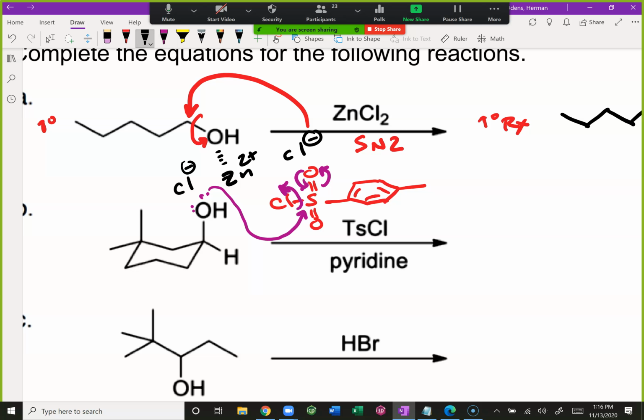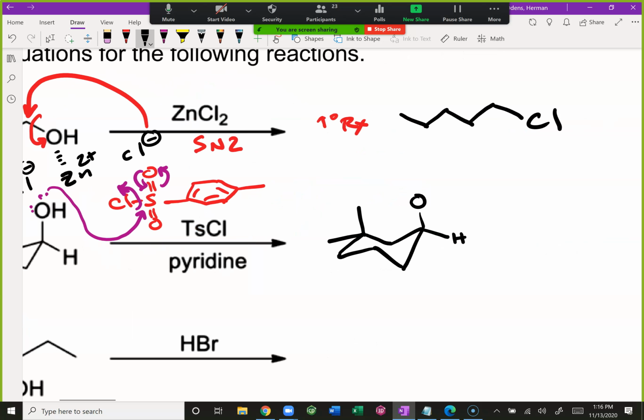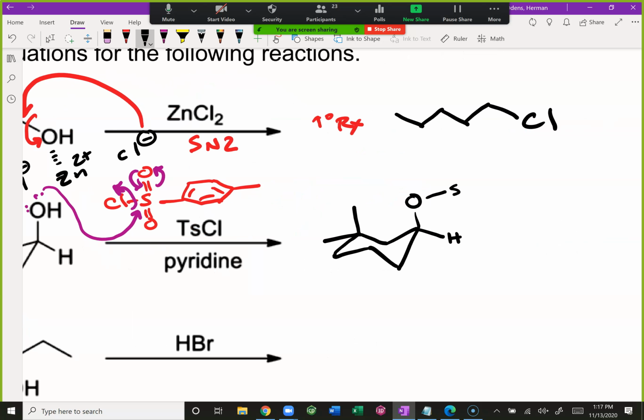So what this does is swings up, swings down, and kicks off the chlorine. And so what we get is H, and then the oxygen is attached now to that, like this. Sulfur likes oxygen, so the alcohol provides that.